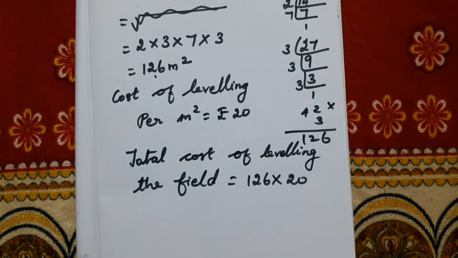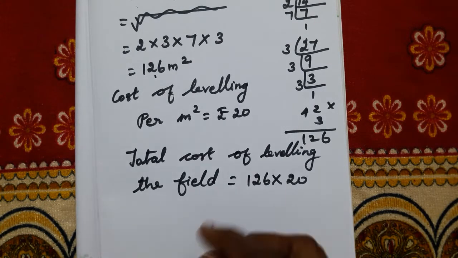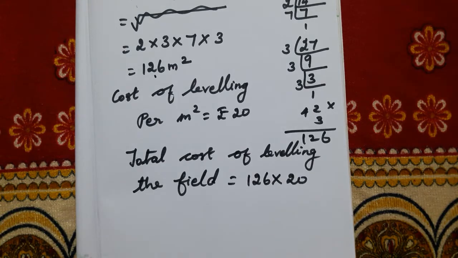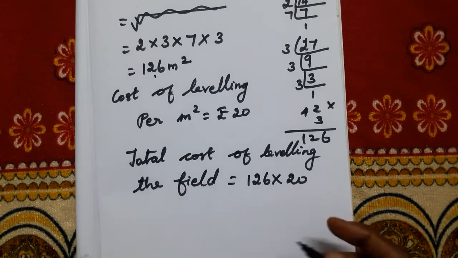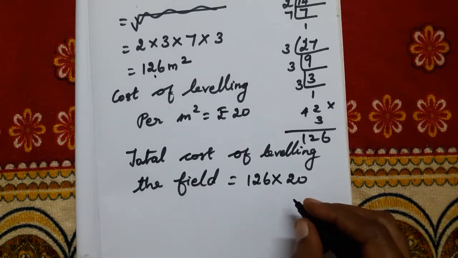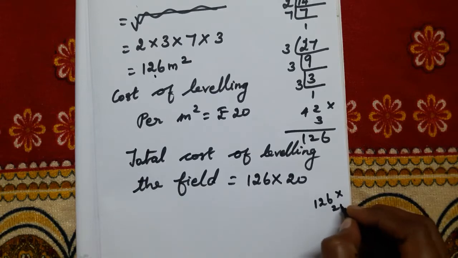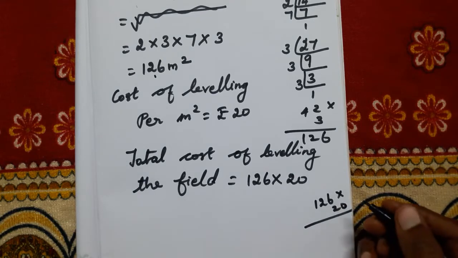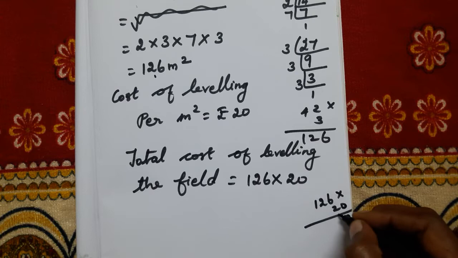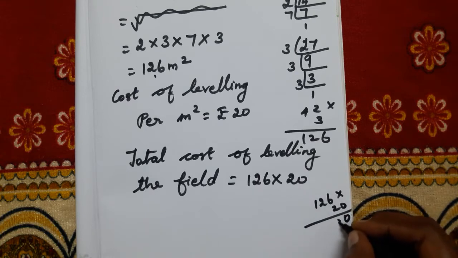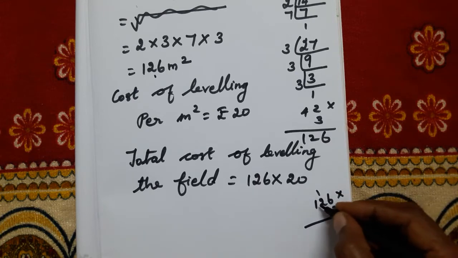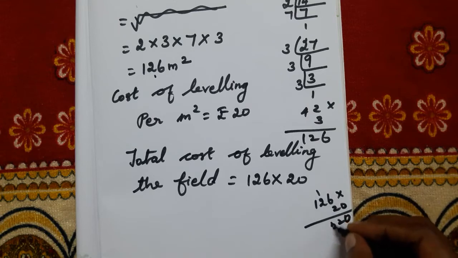When we are multiplying, what are we getting? 0 here, then 6 twos are 12, 1 balance. 2 twos are 4, 4 plus 1 is 5. 1 two is 2.